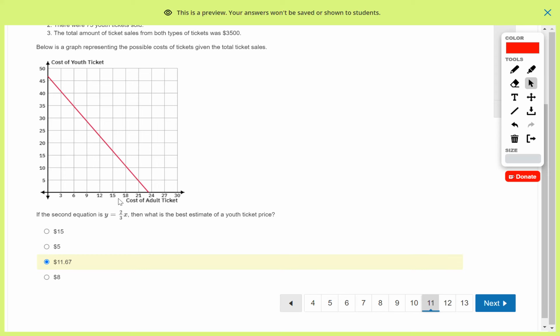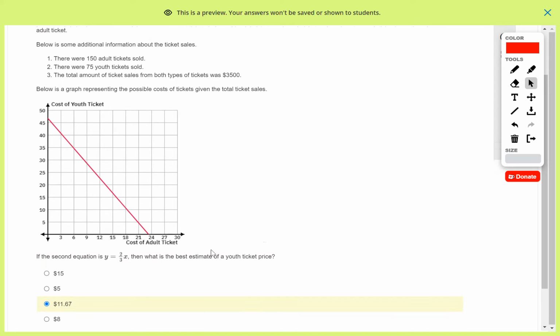So realistically, if you're ever seeing a question like this, just focus on this piece of information here because they've already given you half of the problem. They've graphed one of the lines for you, and now you have another line that you just need to graph. So try to estimate that graph as best you can.